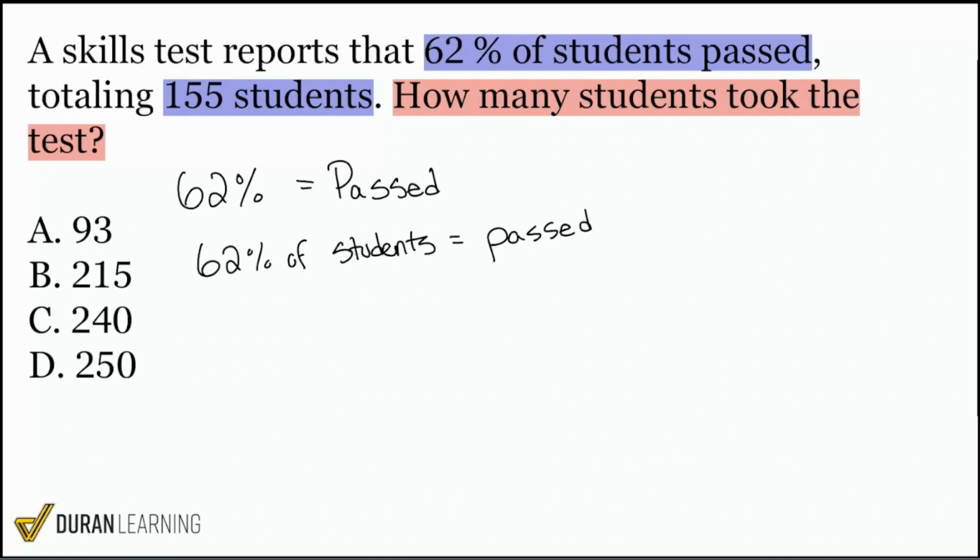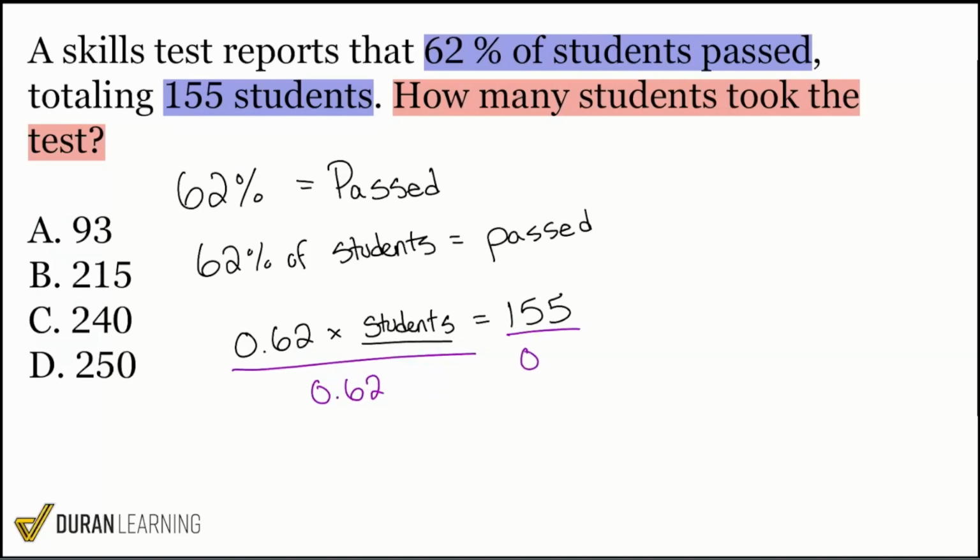So what I'll do is I'll set up my equation, converting my percent to a decimal twice to the left, giving me 0.62. Multiply by the number of students, which is the original amount that I'm looking for. And I'll replace the number that passed with 155. So from here moving forward, my next goal is to divide both sides by the 0.62.